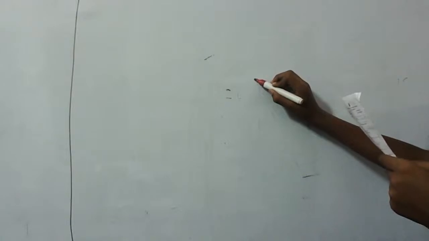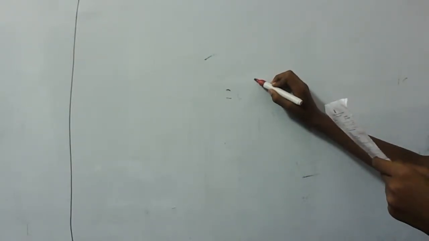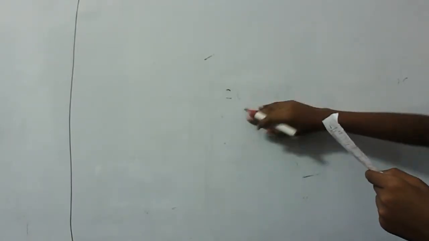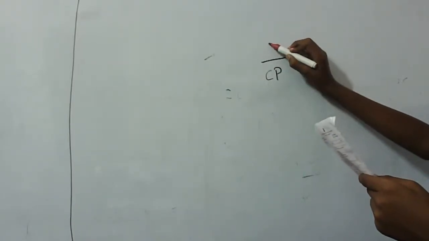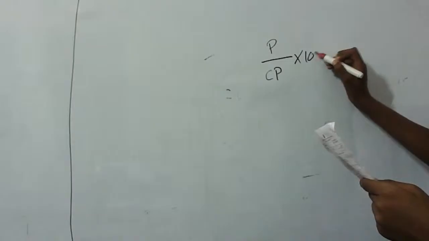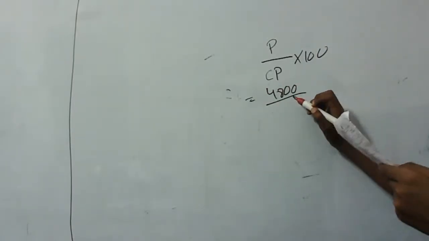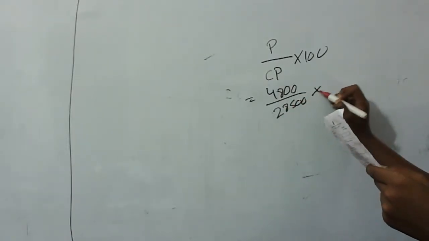First, the cost price of the earrings is, let's try this first. Profit percent equals profit by CP into 100. This implies 4800, let's try with the first option, 28500 into 100.